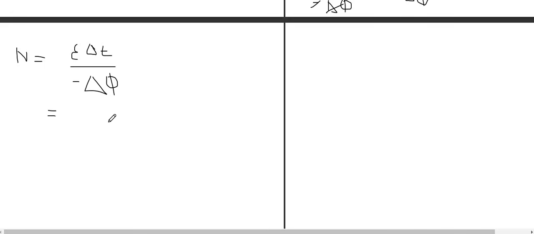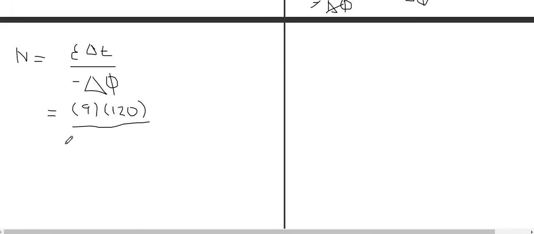Okay, so if we have that, then we'll say, okay, what is my induced EMF? They've given you the value, they said it's 9. What is the change in time? They said it's 2 minutes, but you convert it to seconds so that you know it's 120 seconds. And then what is the change in magnetic flux?